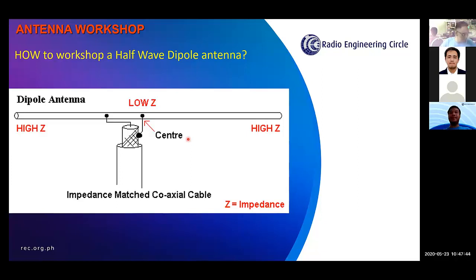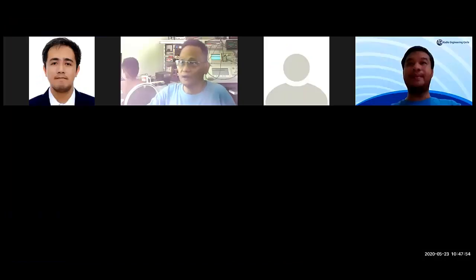Before that, magkakamera ako. May mga sample ako rito ng dipole antenna para makita ninyo. Okay. Stop share. Sandali lang ha. Okay. Ito. So, naka-full view ako ng camera. Okay. So, may papakita ako sa inyong.